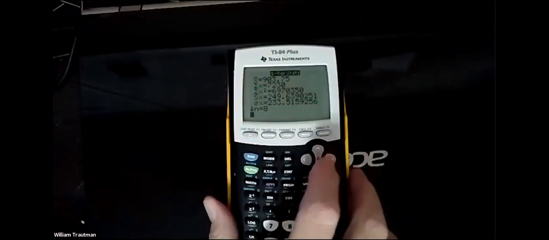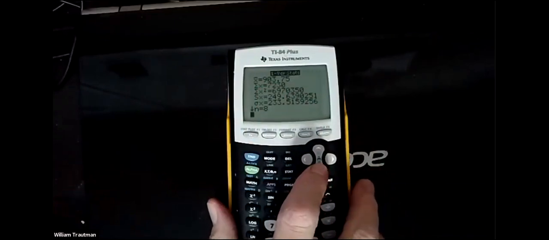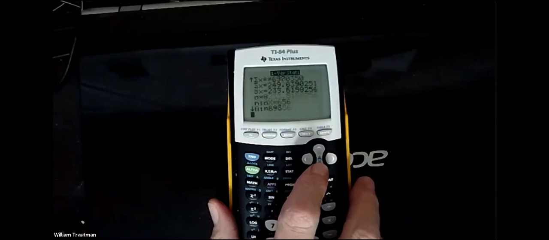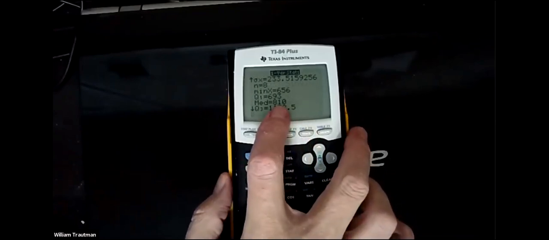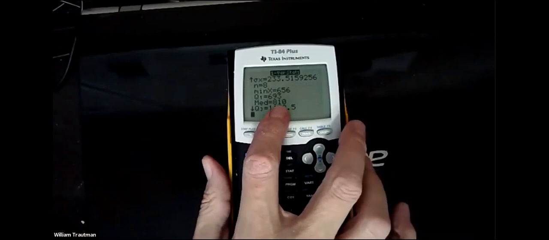Oh, we don't want the average. We want the median. We have to scroll down to the median. And if you notice, the median is 810. So it does all the math for us. That's what we calculated it to be also.